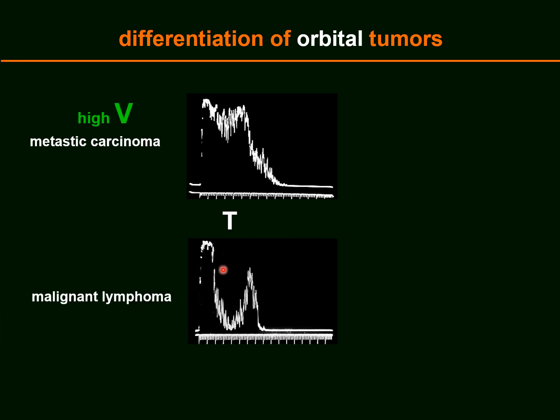When we look at a malignant lymphoma, on the other hand, we get a low V. Malignant lymphoma is also infiltrative. The lowest reflectivity is in the center of the tumor, whereas towards the periphery, the high reflectivity of the normal tissues still influences the spike height.